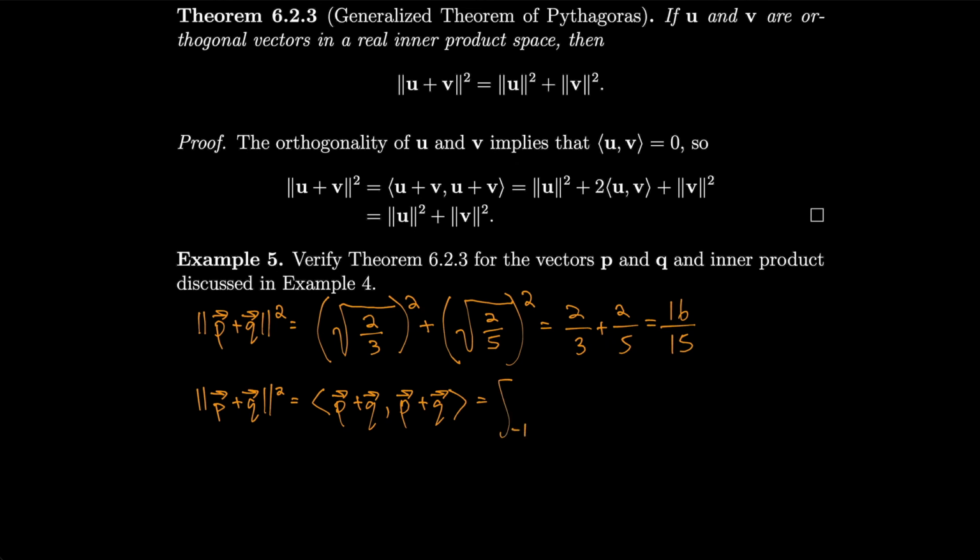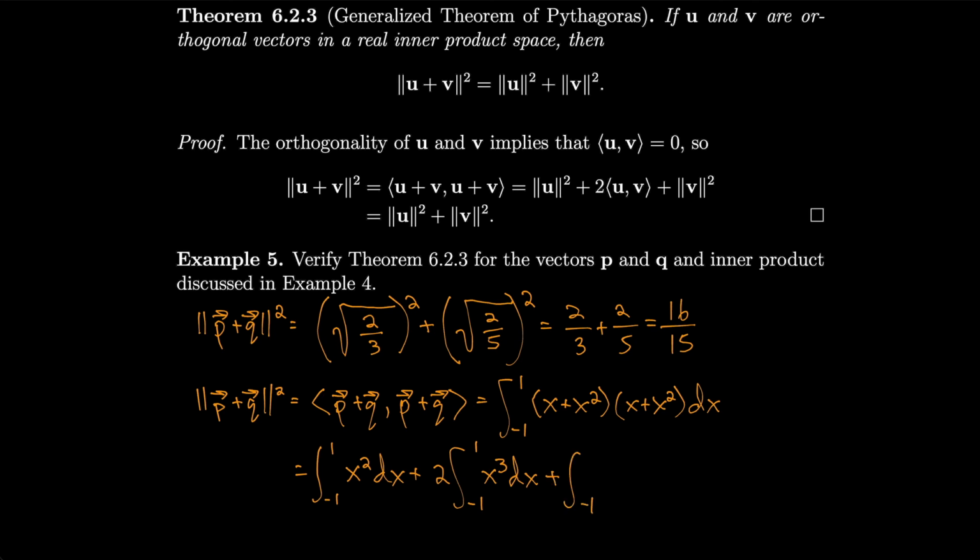So that's the integral from -1 to 1 of (x plus x squared) times (x plus x squared) dx, which is the integral from -1 to 1 of x squared dx, plus 2 times the integral from -1 to 1 of x cubed dx, plus the integral from -1 to 1 of x to the 4th dx, just by FOILing this out and then applying the linearity of the integral to separate each of the terms into its own integral.